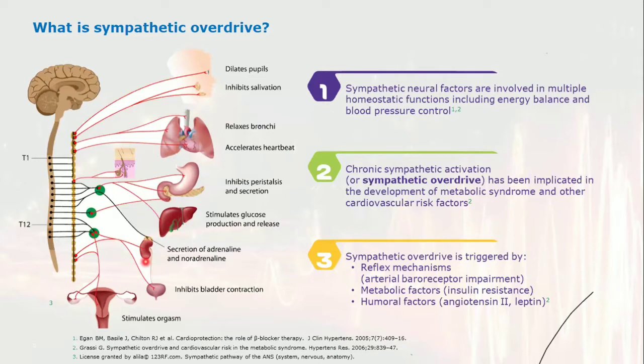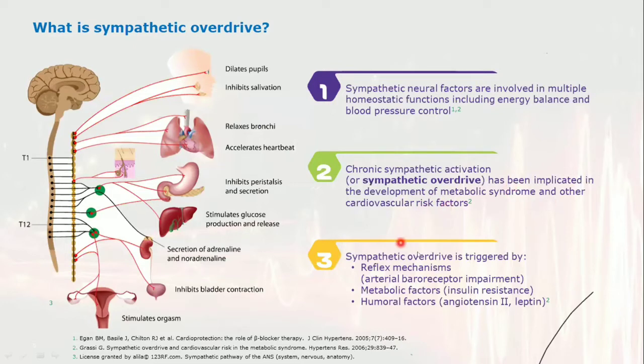Now, as a result of sympathetic overdrive, there's an increase in the sympathetic nervous system activity, and there's an increase in the renin angiotensin aldosterone activity. A chronic sympathetic activation has been implicated in the development of metabolic syndrome and other cardiovascular risk factors.